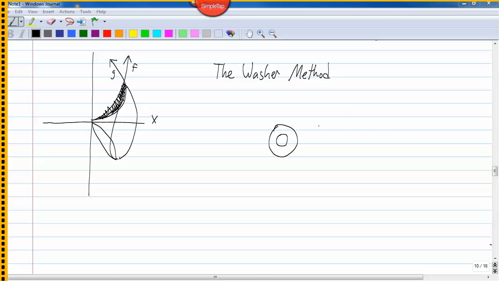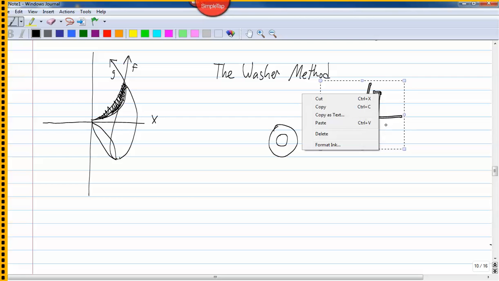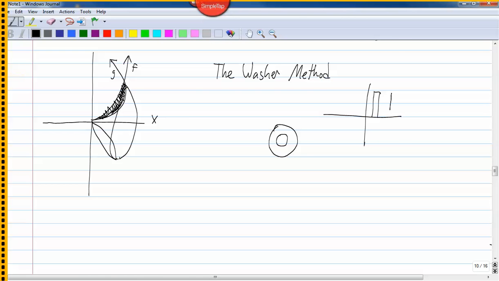But instead of having a whole rectangle that I revolve about the x-axis to make a disc, what if I just have this piece right here and I revolve it about the x-axis? This little part that I'm missing in here, when I revolve that, that's going to leave a hole. So that's where the washer comes in. The distance from the center of the figure to the top, that's the capital R of x.